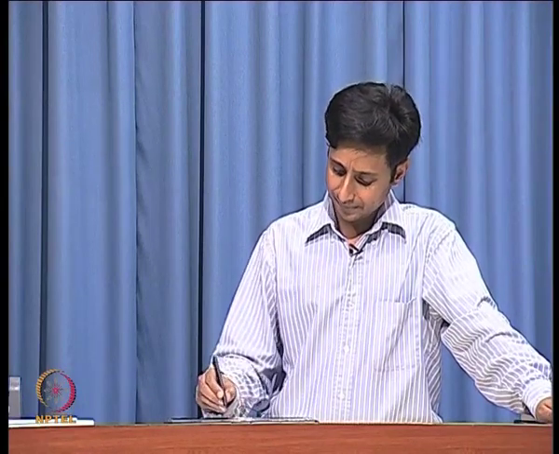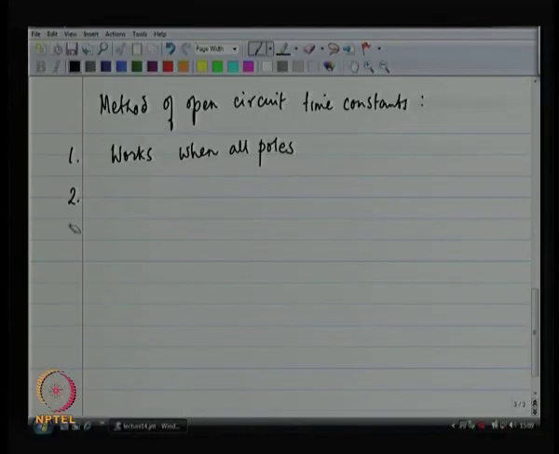The second thing is that all the poles have got to be real poles. Complex conjugate poles create problems.